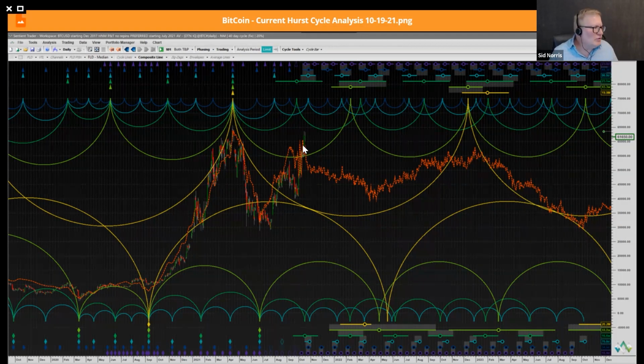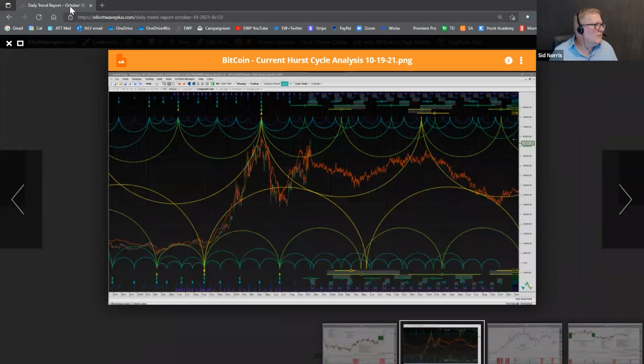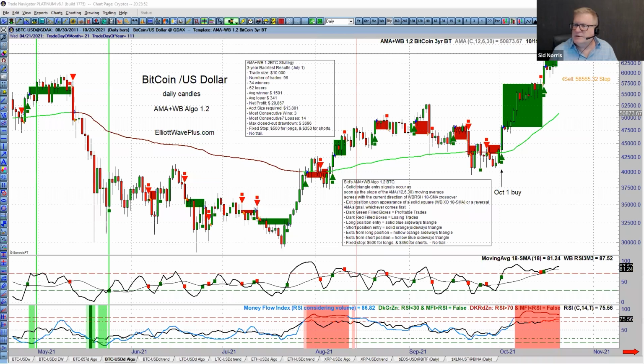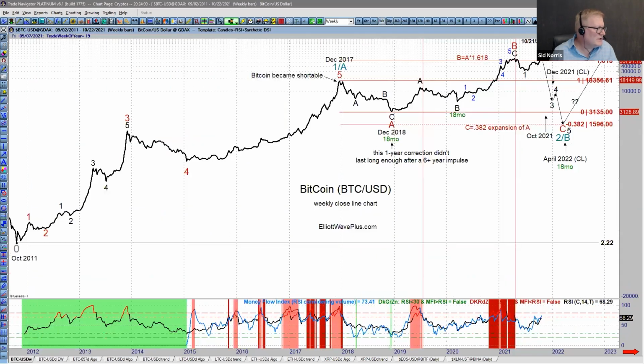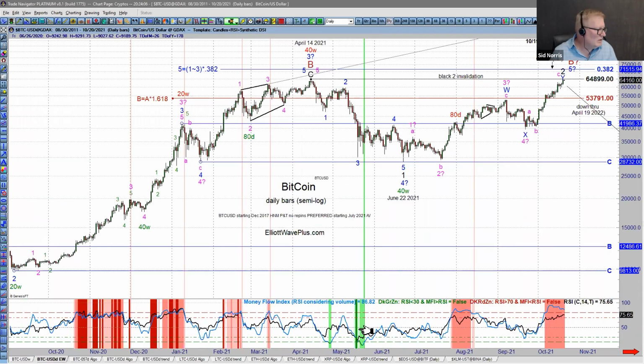But the most important thing that this is suggesting is it's expecting a peak here in Bitcoin and moving on down. By the way, Hurst analysis doesn't care if it makes a new high right here now or not. It doesn't care about invalidations. It just figures that there's going to be downward movement from now until down into April 2022.